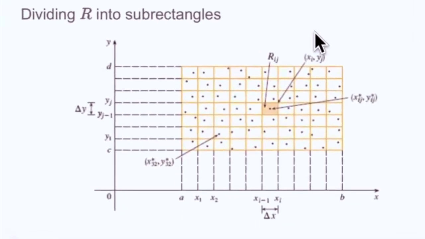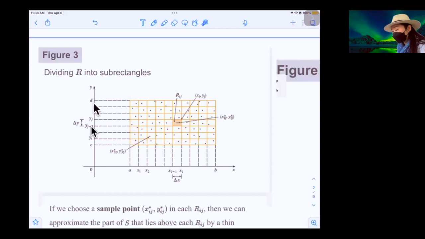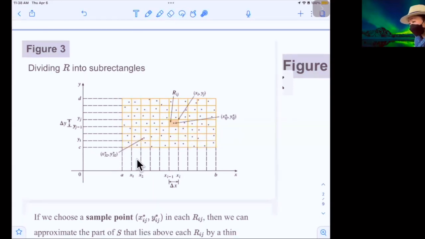On this x-axis, x goes from a to b, and you divide that into m subintervals of equal width delta x. Along this y direction, you also divide that into n subintervals. And now you get a partition of this rectangle into small subrectangles. It's a very similar idea to the one we did for the definite integral.